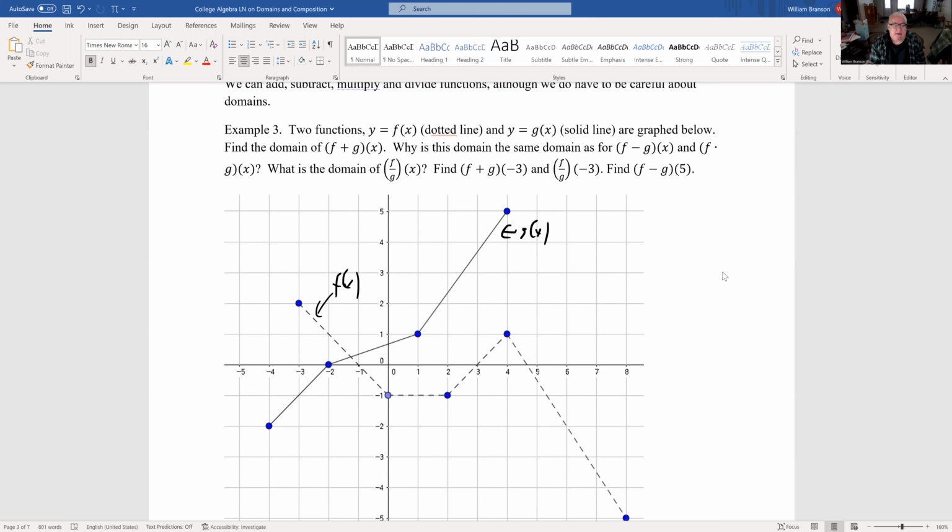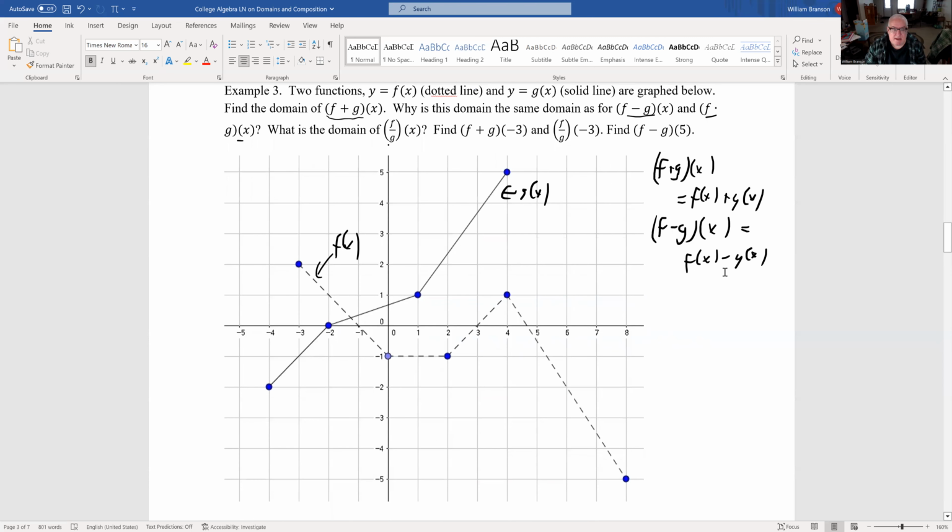Okay, so there's a bunch of notation here: f plus g of x, f minus g of x, f times g of x, f of g of x. And it's pretty much what you'd think it would be. This is a way of writing f of x plus g of x, and f minus g of x is a way of writing f of x minus g of x, etc.